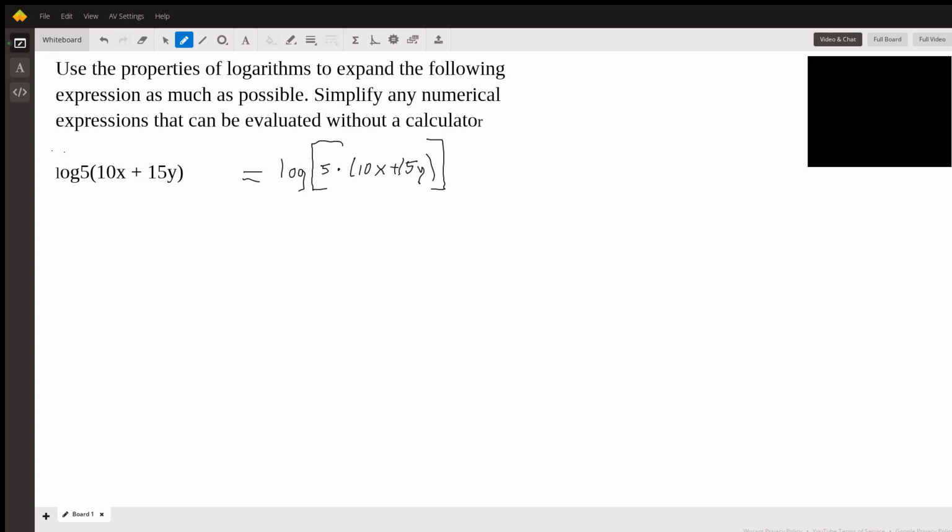So let me put the property over here in red, because you want to know all the properties. This is one of the things you have to learn.